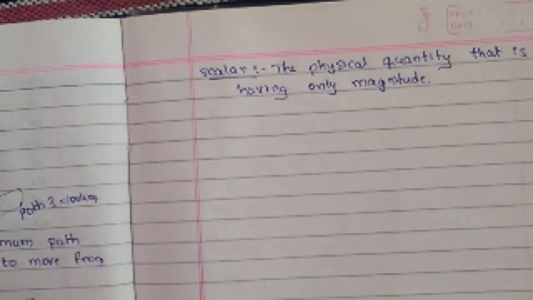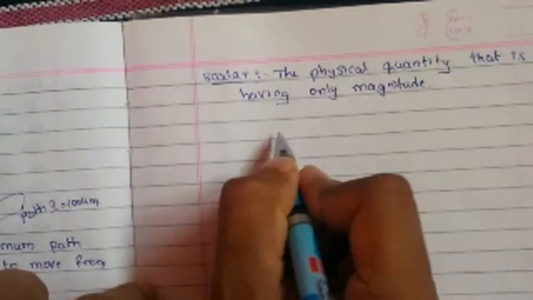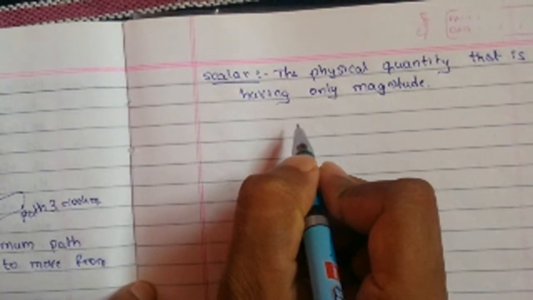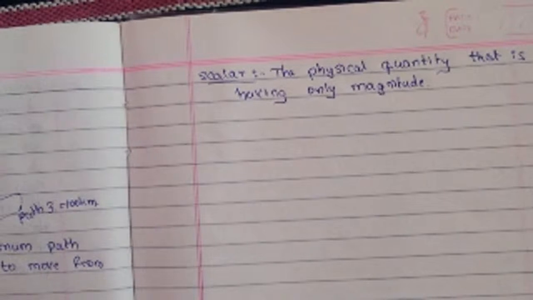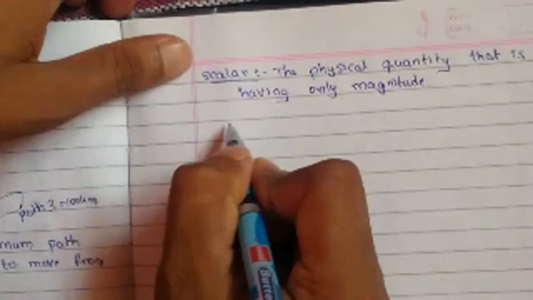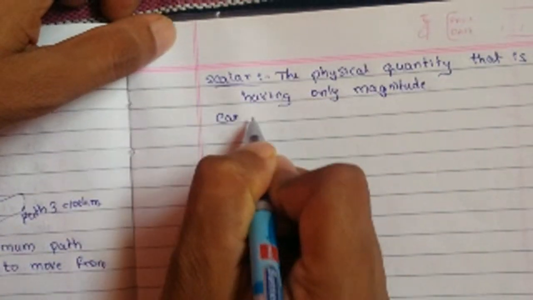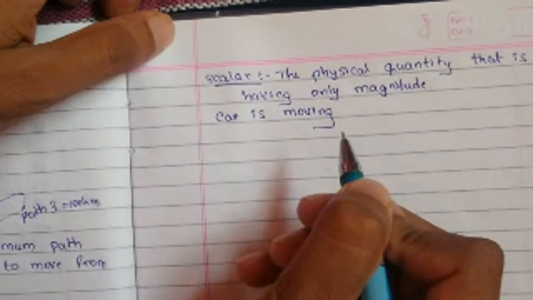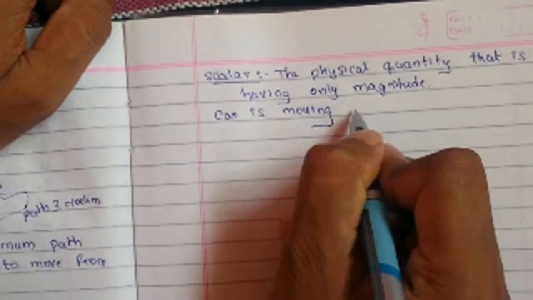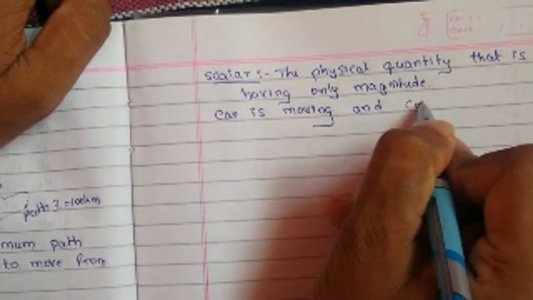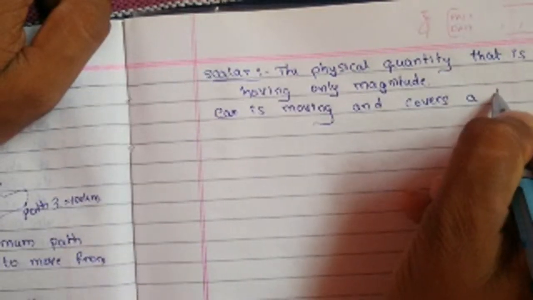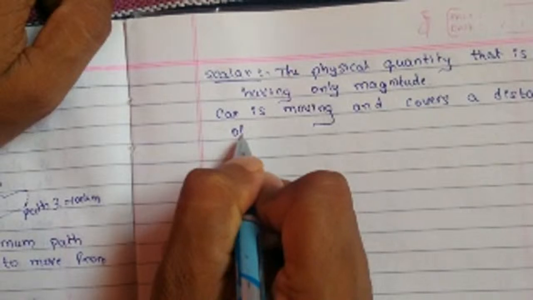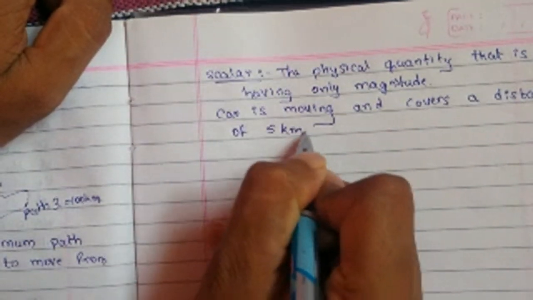Okay, now for example, an object is moving from one point to another point, or a car is moving and covers a distance of 5 km.